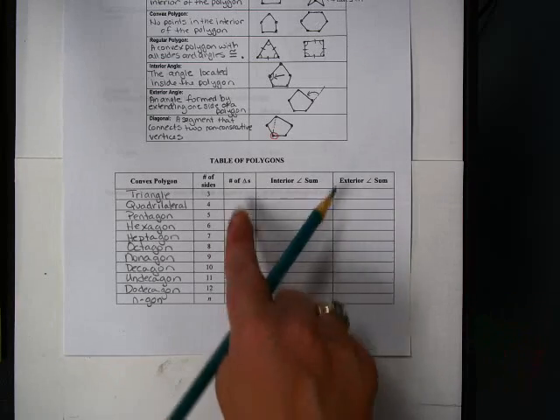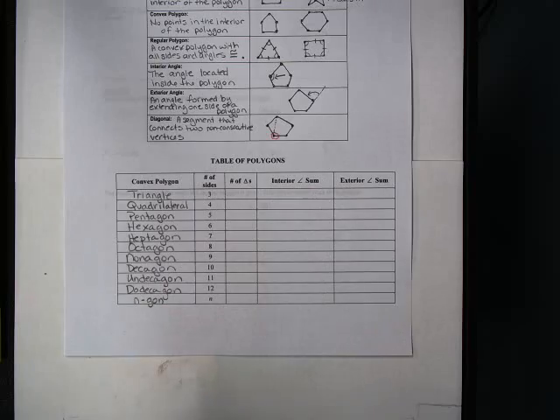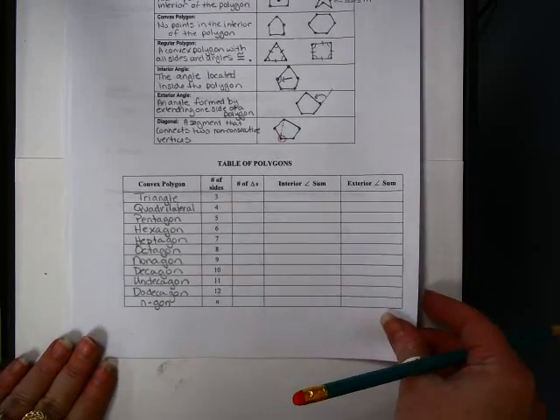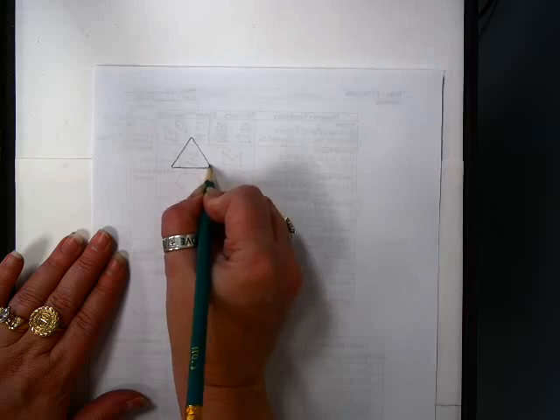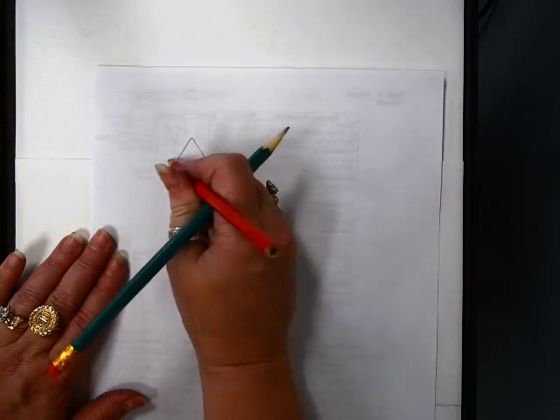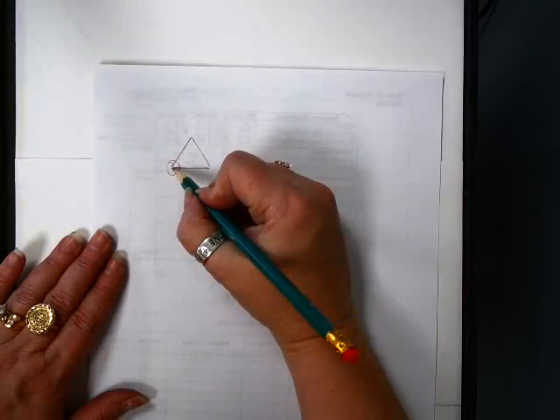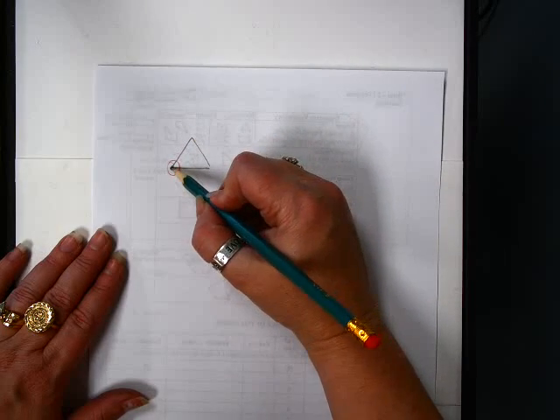Okay, in this next column, it says number of triangles that you can draw. So I'm going to flip my paper over on the back, and I'm going to start with a triangle. I start with a triangle, and I ask myself, how many diagonals can I draw? Now remember, it has to be non-consecutive.